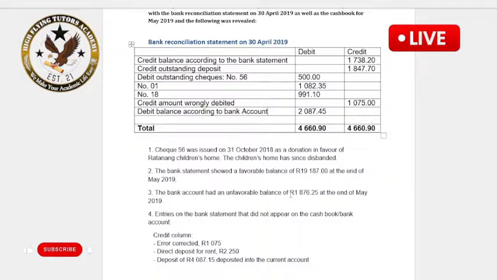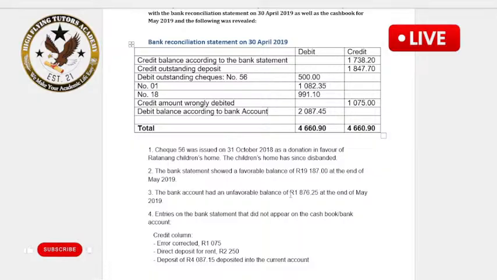Transaction number 1 says check 56 was issued on the 31st of October 2018 as a donation in favor of Radhanan Children's Home. The children's home has since been disbanded.